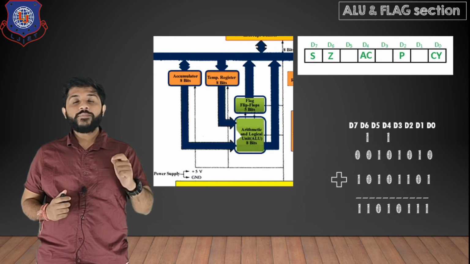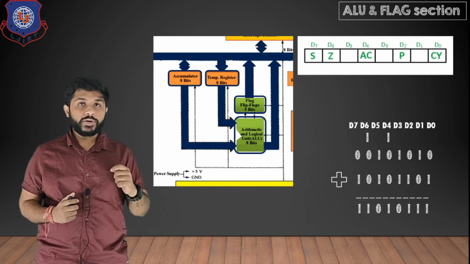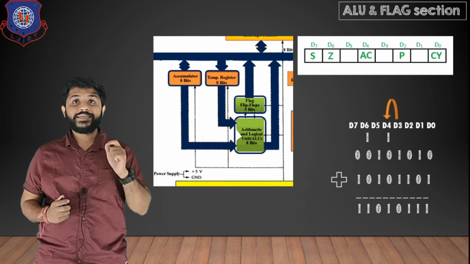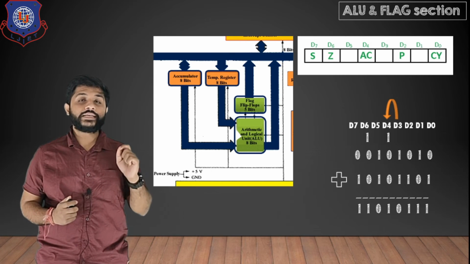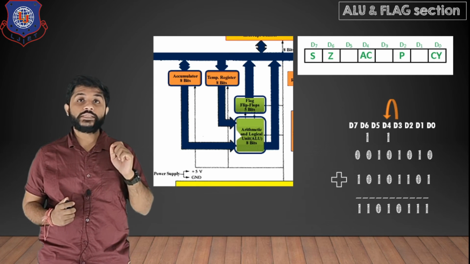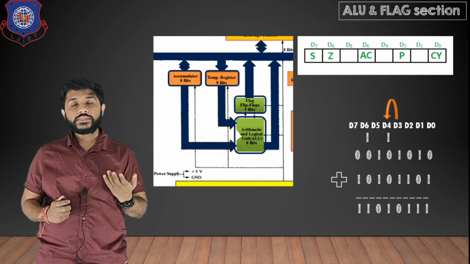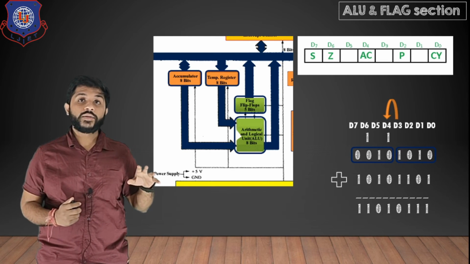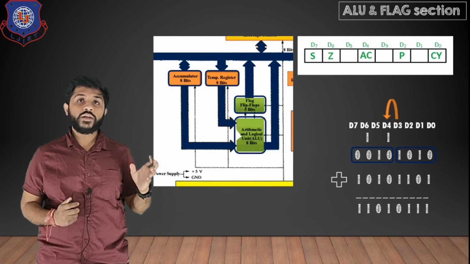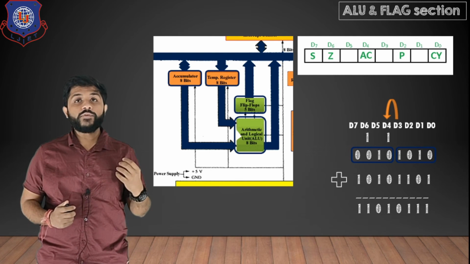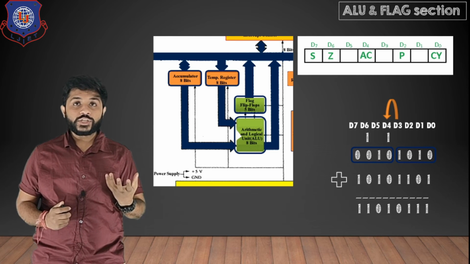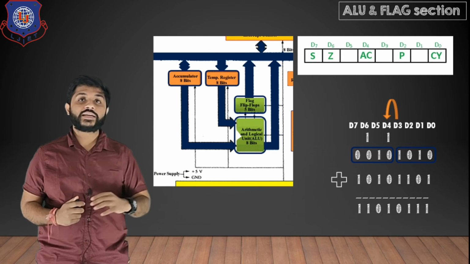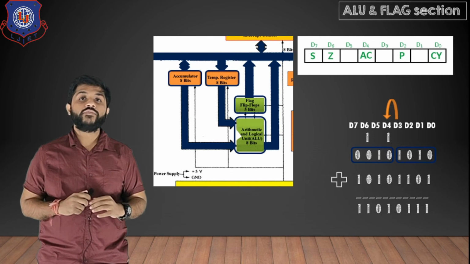When you perform any arithmetic and logical operation, when the carry is transferred from D3 to D4, in that case the auxiliary carry will be set. We can also say that the carry is transferred from the lower nibble to the higher nibble. What is the meaning of nibble? A group of 4 bits. So when you perform any arithmetic operation and the carry is transferred from the lower nibble to the higher nibble, in that case the auxiliary carry will be set.